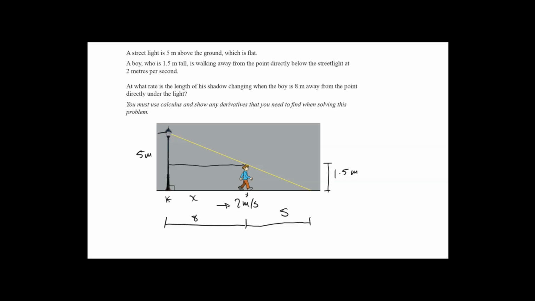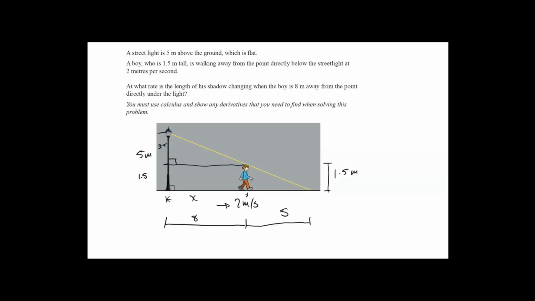This triangle here that I've just drawn is similar to this main triangle here. And if this is 1.5 meters, this distance here must be 3.5 meters. So we can exploit similar triangles in this case.